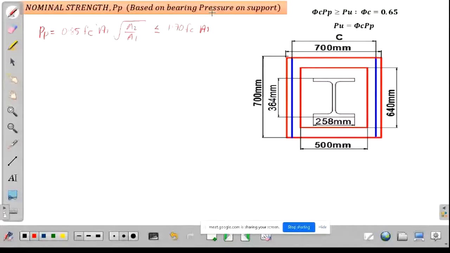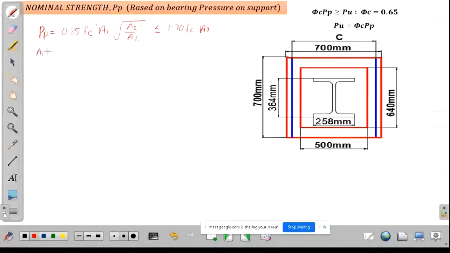Okay? So, meron na tayong fc prime. Kunin natin yung values ng ating area 1 and area 2. So, looking at this figure, ito na yung figure natin. Yung area 1 natin, that is equal to the dimension ng ating base plate, that is 500 by 640.